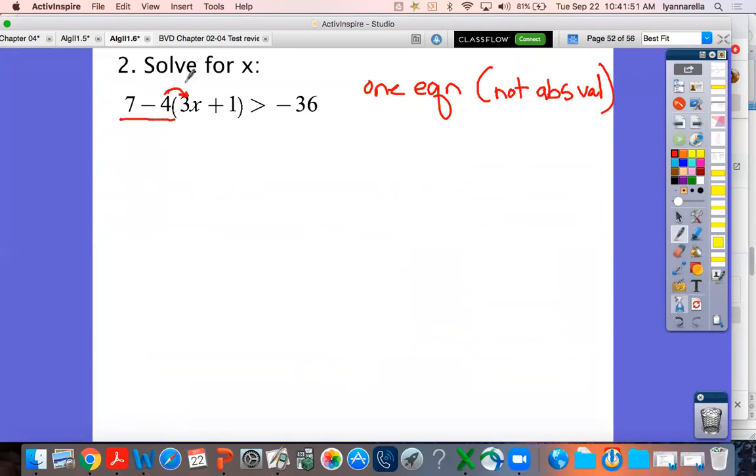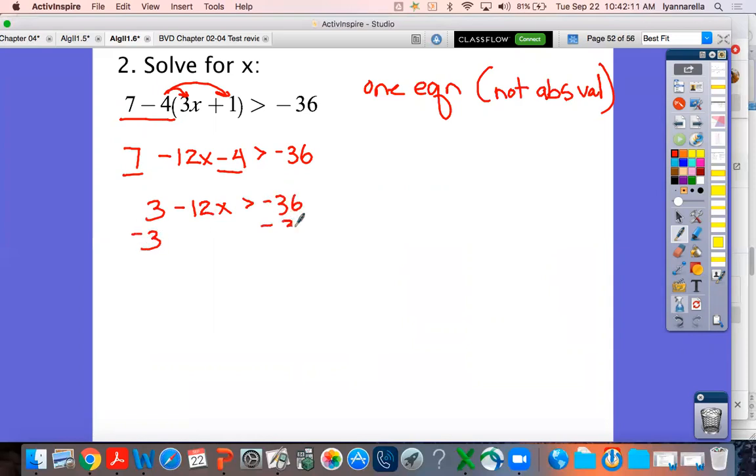I have to first distribute and then do the 7 minus. So it's going to be 7 minus 12x minus 4 is greater than negative 36. And then I'm going to say, 7 and negative 4 combine to 3, so it's 3 minus 12x is greater than negative 36. And then it looks like I want to subtract 3 from both sides.